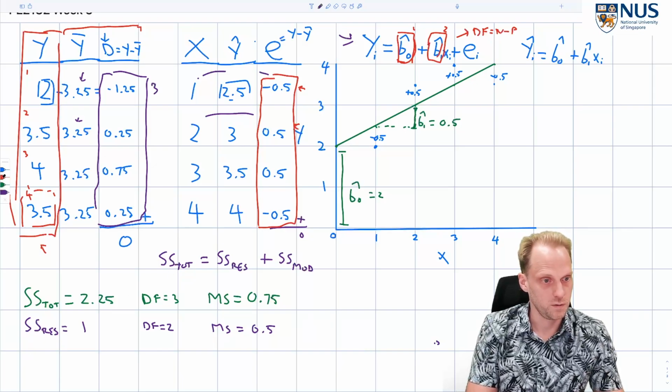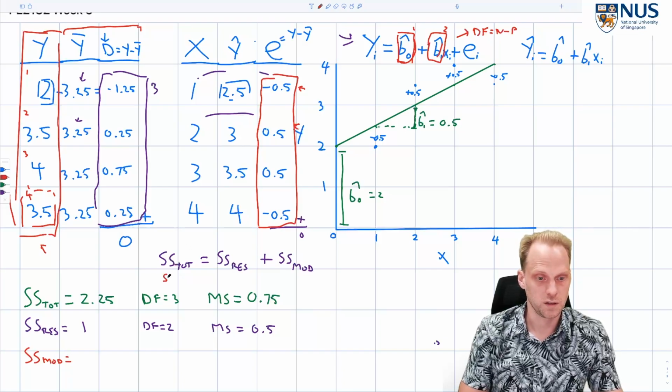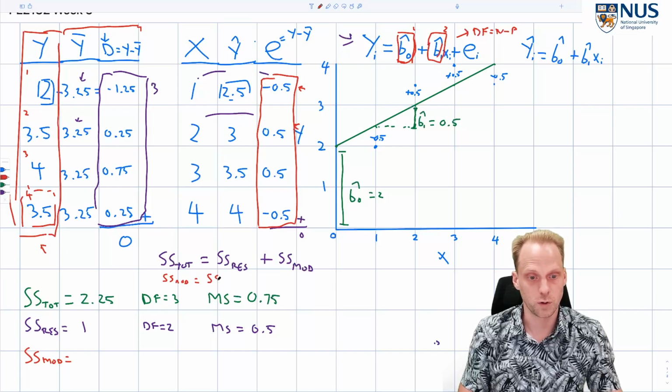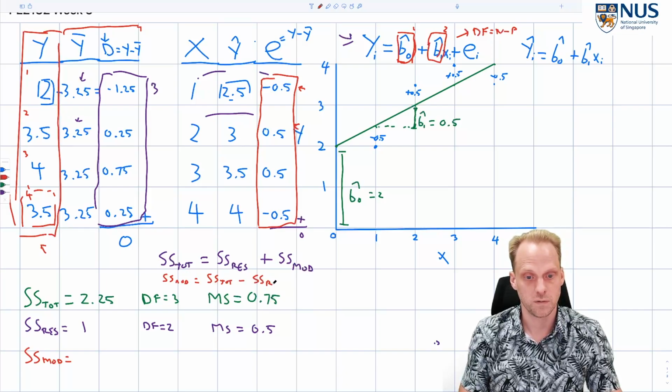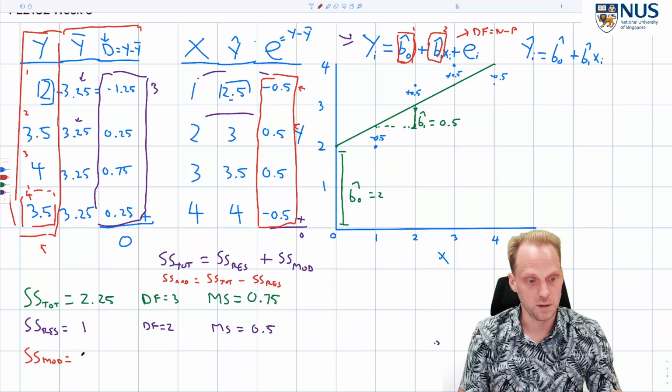So let's do that in red. So because of this, we can say that the sum of squares of the model equals the total sum of squares minus the residual sums of squares. In this case, that would mean 1.25.